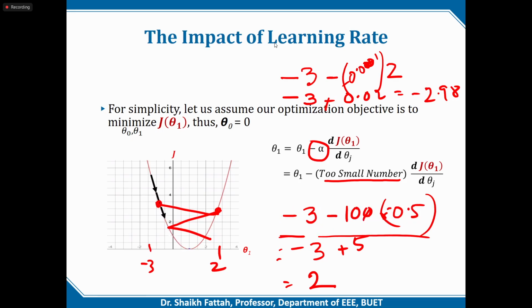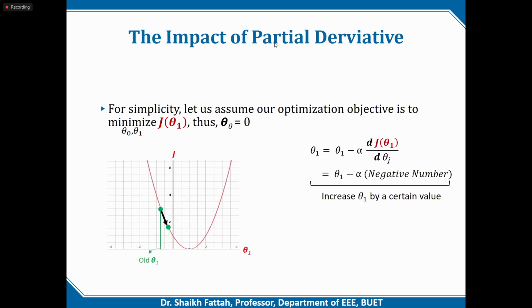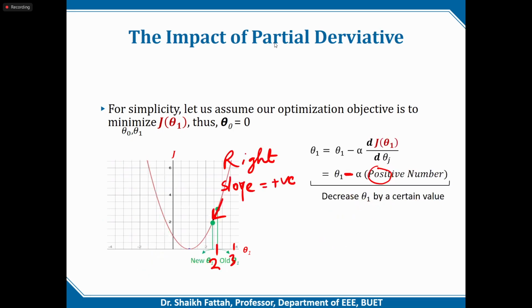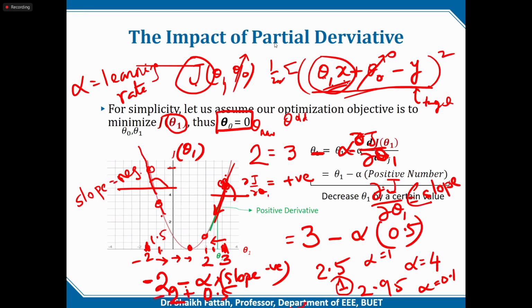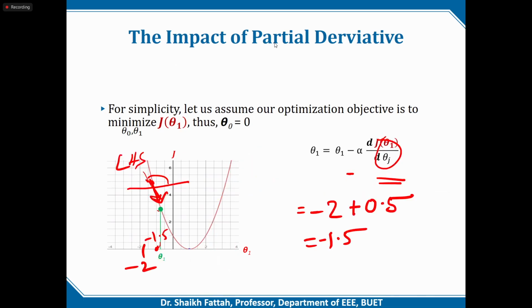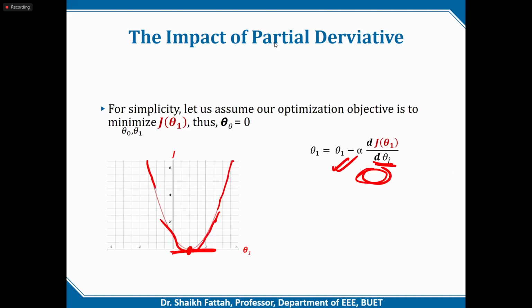On the contrary, if your alpha is very large, there will be overshoot, you will move here and there, and never reach the optimum position. I hope you understand the effect of change in alpha in gradient descent. So, okay, we take a break and then we join the next class.